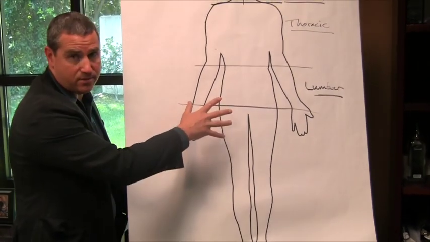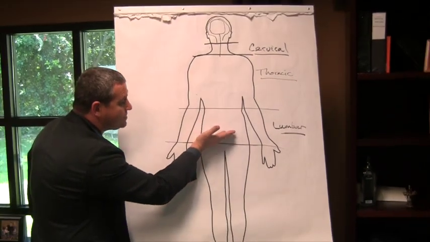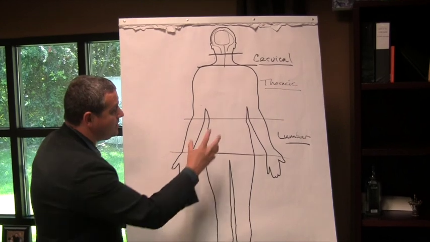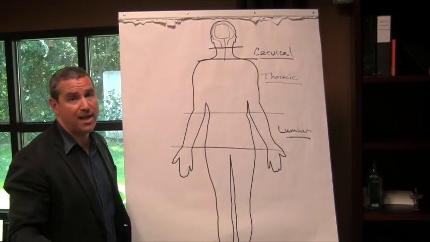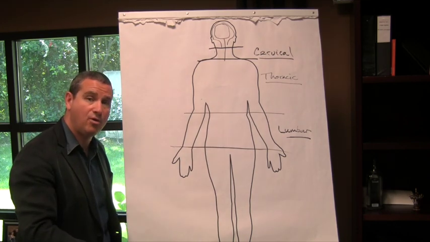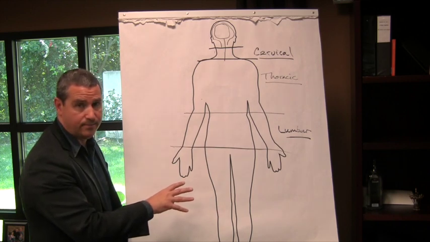Those are the main levels of the spine that control that. So for example, if you have a serious injury to your low back that causes an injury at L4-5, you can have a loss of bowel and bladder function, you can have the inability to walk, you can have a foot drop, all of those kinds of things.